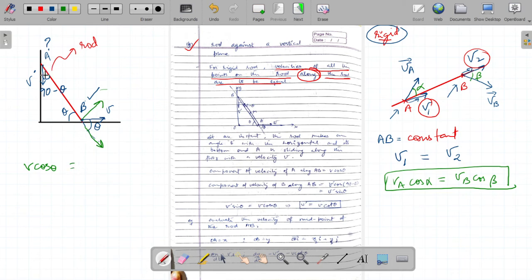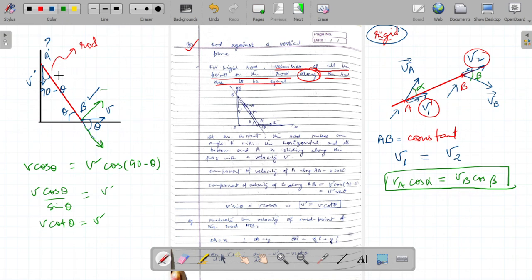Similarly, we can say that the velocity of point A along the rod would be V dash cos (90 minus theta). So from this we can easily say that V cos theta divided by sin theta is equal to V dash, or V cot theta is equal to V dash.